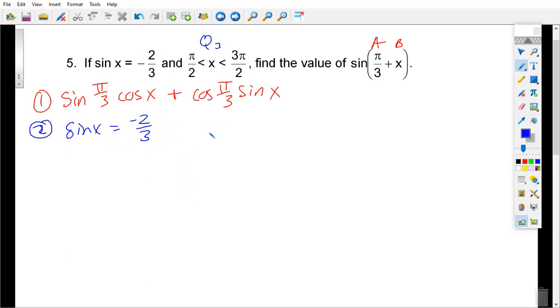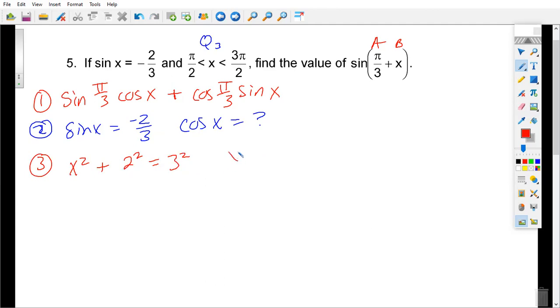How do we find our cosine? We need to know cosine x equals what? Pythagorean theorem. So we're going to find cosine x using Pythagorean theorem. We have x squared plus y squared, well, not y. We know what our y is. It's 2. 2 squared equals 3 squared.